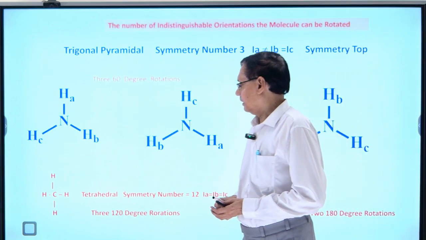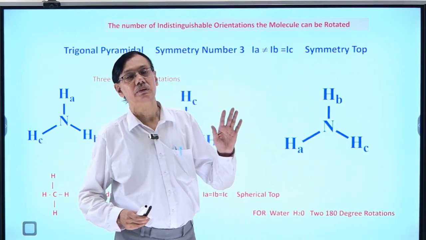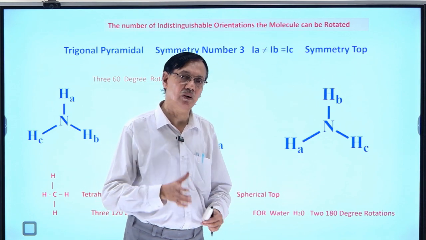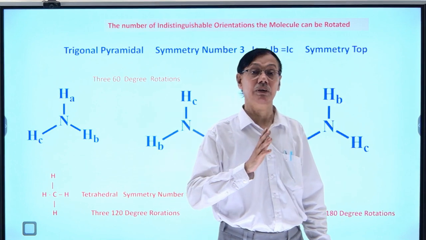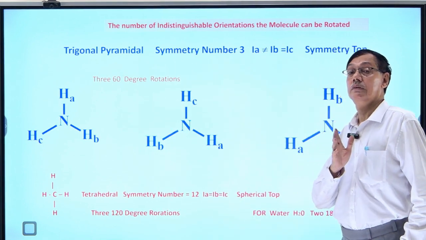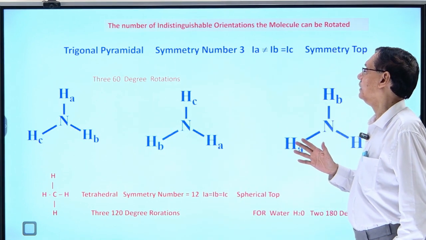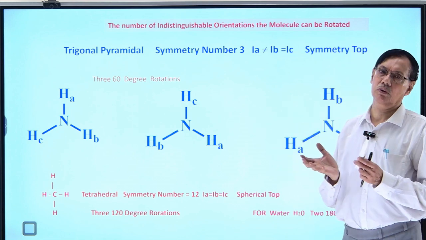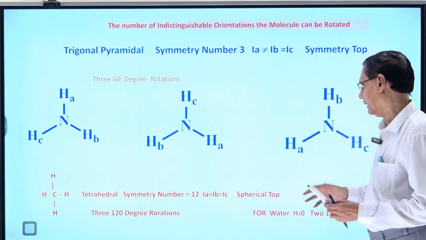Now, although today I am not teaching you the center of symmetry or spectroscopy, I will concentrate only on the rotational partition function, but in order to understand it, you must know some information about the structure of the molecules, the symmetry number and other things.